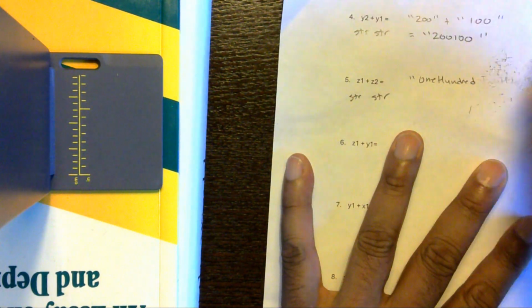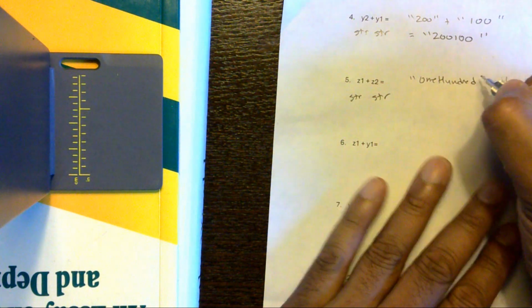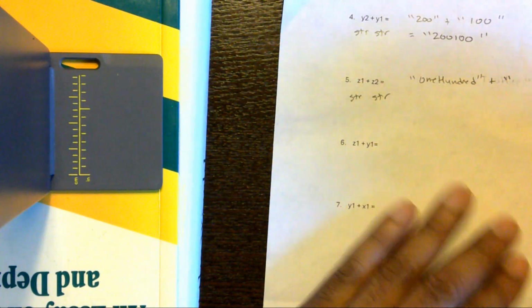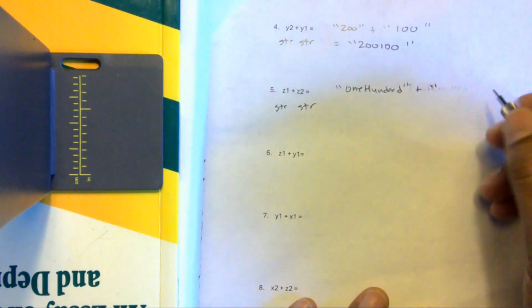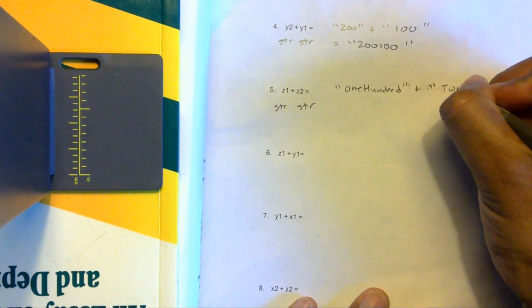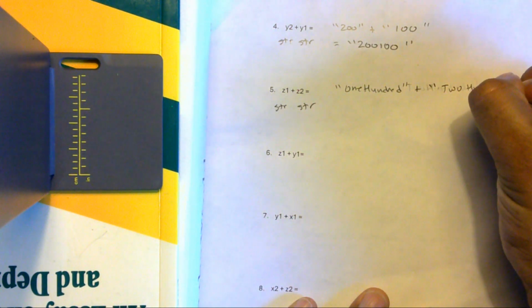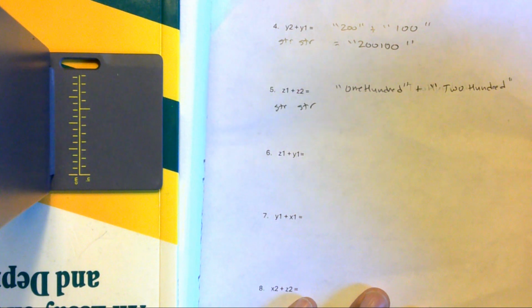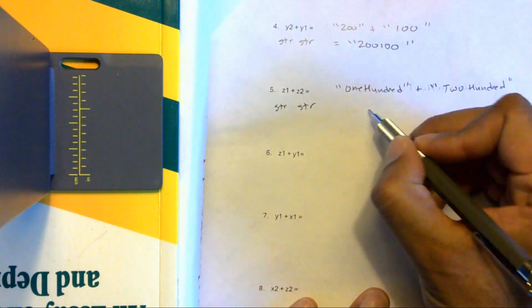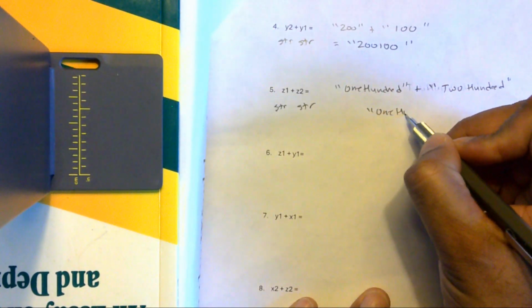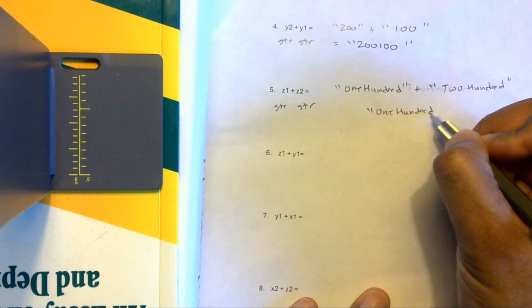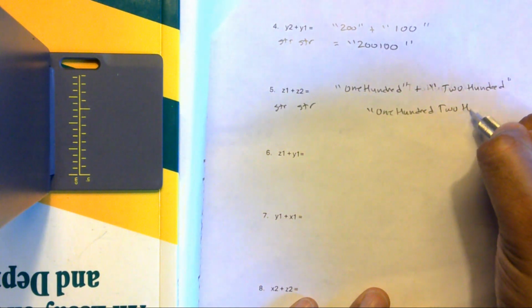I apologize. Let me correct this error. It's 100 plus 200. Okay? So when you add these two together, what do you get? You get 100, 200.